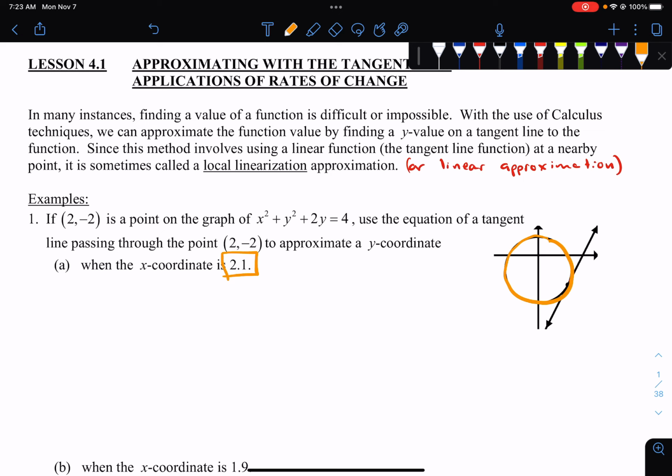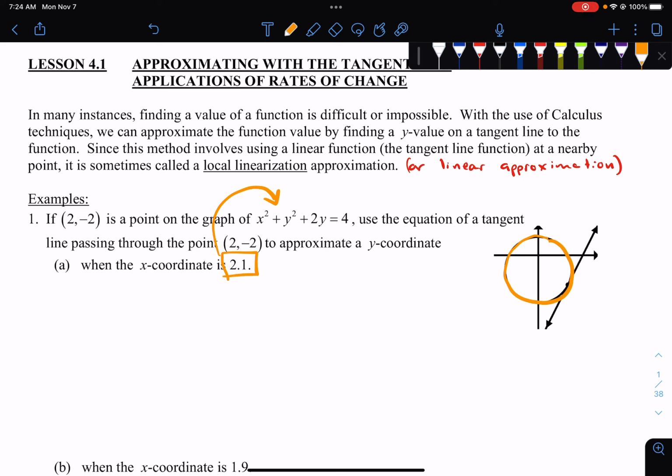So what we would have done in previous classes is you would have taken 2.1 and plugged it into this equation, which that alone is ugly because you're having to square a decimal. But on top of that, you still have a y squared and a y that you have to deal with when you're solving this equation.